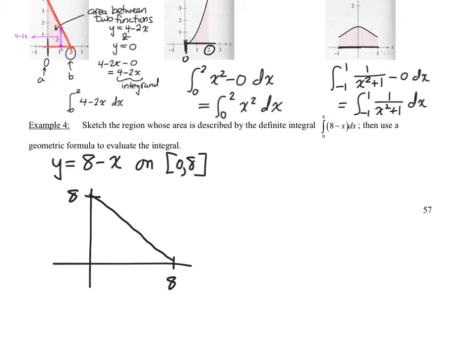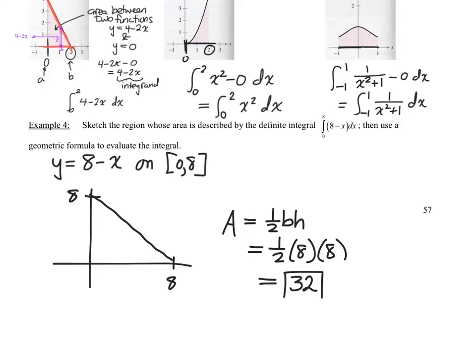And a shaky hypotenuse. Just drawing 8s everywhere. I really don't need to do that. Definitely a triangular region. Area would be half the base times the height. So you get 32.